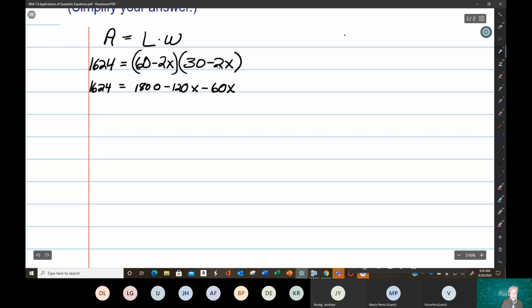And negative 2x times negative 2x is positive 4x squared. Oh, very cool. Okay, so we're going to have 1624 equals 4x squared minus 180x, yes, plus 1800.